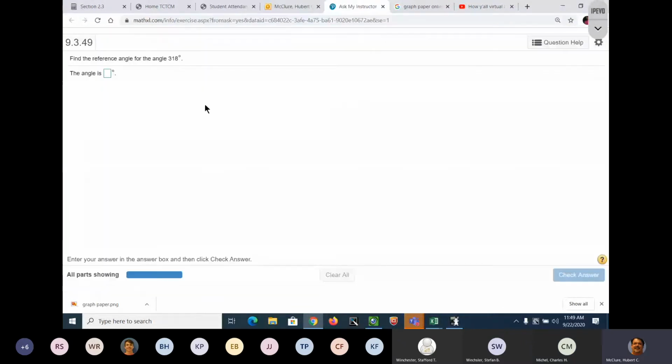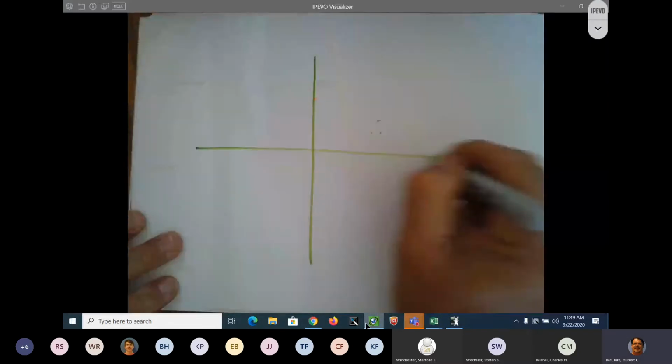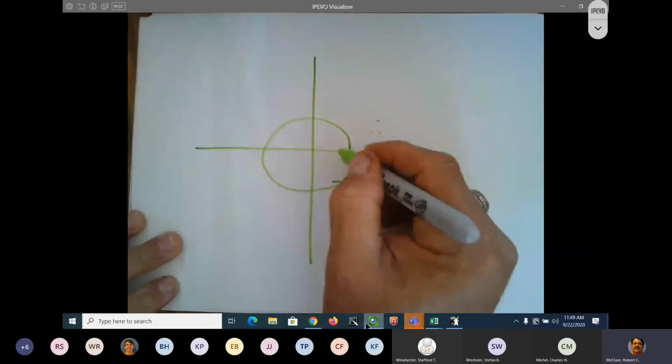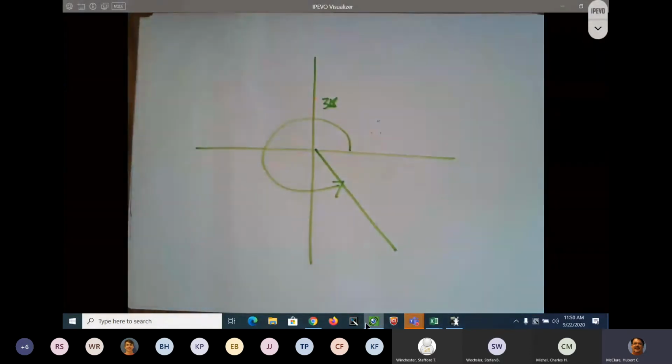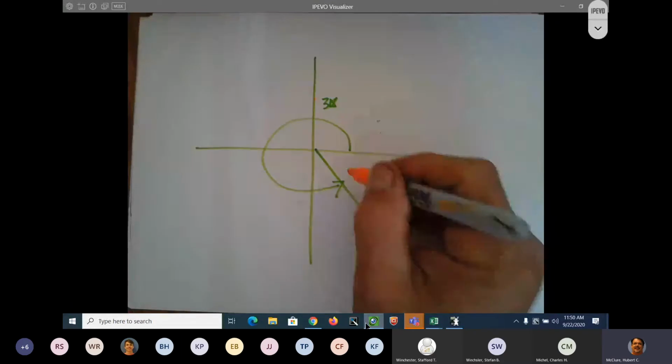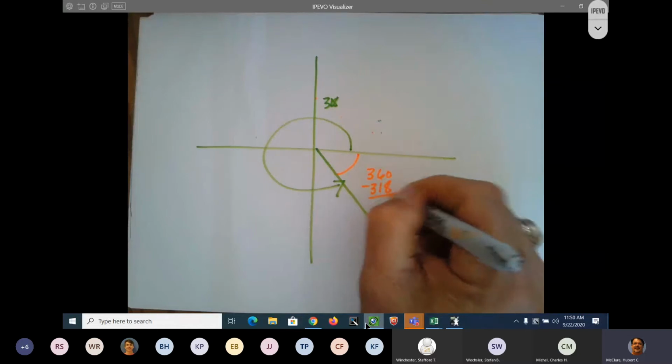Reference angle of 318 degrees. Okay, 318 degrees. Let's do that one. 318 degrees is somewhere in here. Now, since that's 318 degrees, that means that this angle is 360 minus 318.